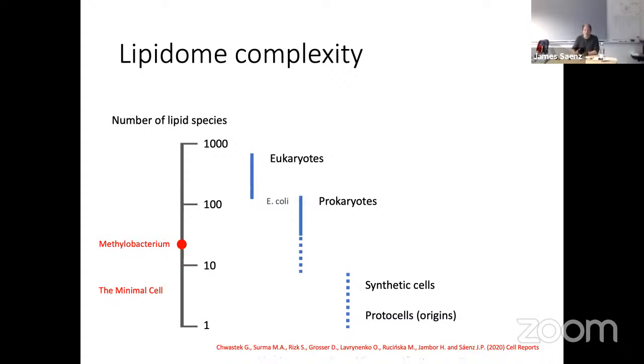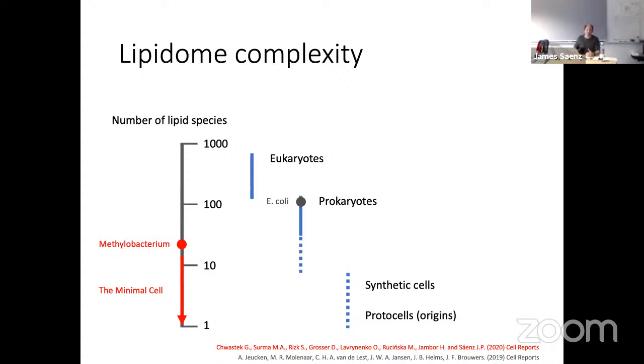Now, can we go simpler? And our hope is that with the minimal cell, we can start to approach one lipid, or at least get near it, right? And we can begin to ask questions. What happens as you begin to get close to this critical threshold of the minimal number of lipids required to support a biomembrane? What sort of functions are limited?